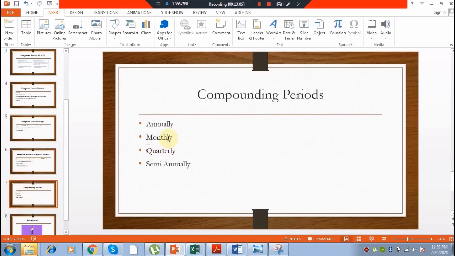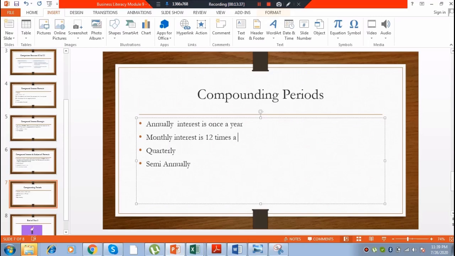So if you get a question that says the investment is 10% compounded annually, that means you are only generating interest once a year, right? If they say it is compounded monthly, that means interest is earned 12 times a year, right?